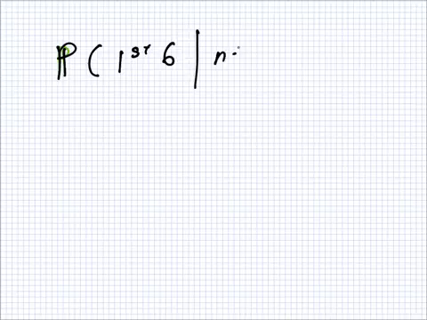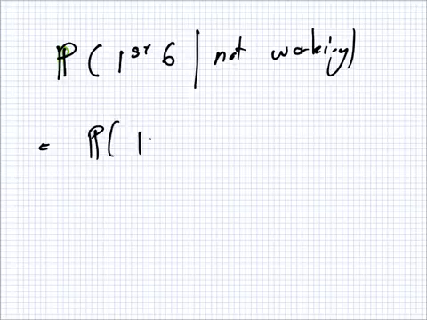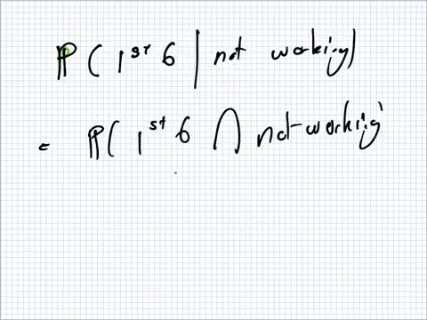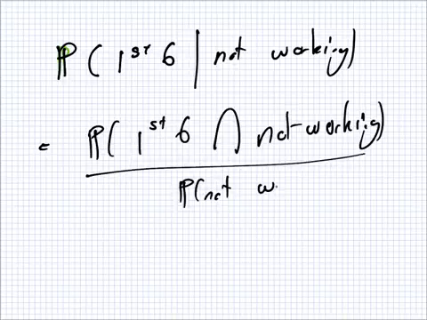You want the probability of period A, which is the first 6 months, given that it was not working. So that's the probability of being produced in the first 6 months and not working, divided by the probability of not working.